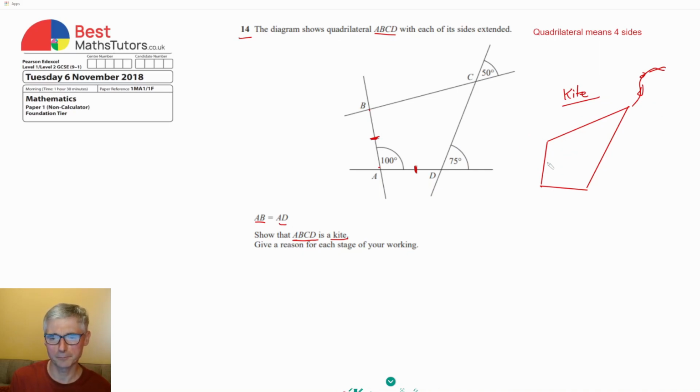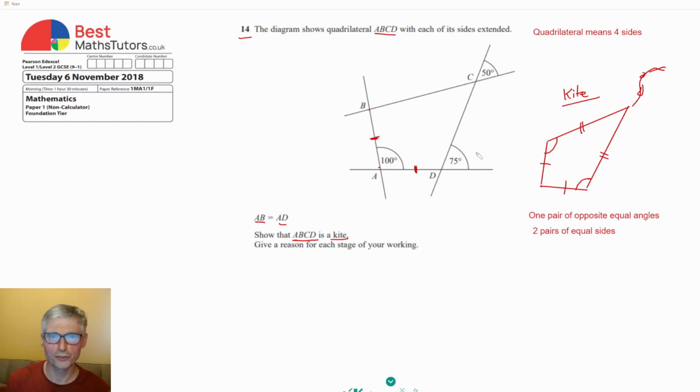It's got some properties, and one of the properties is that one pair of opposite angles are equal to each other, and the other property is that it's got two pairs of sides that are also equal to each other. So that means that that side and that side would be equal in length, and also this side and this side would be equal in length.